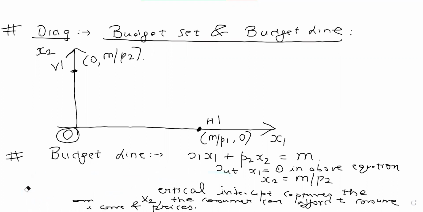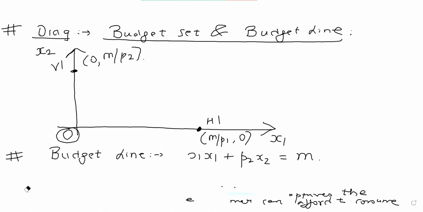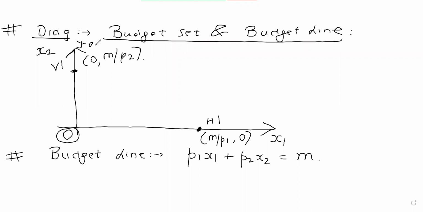Now, guys, let's talk about the slope. How do we find the slope? In my lectures on mathematical methods for economics, remember, slope is nothing but, in very simple terms, dy by dx. This is the y-axis. This is the x-axis. On the x-axis, we are measuring good x1. On the y-axis, we are measuring good x2.